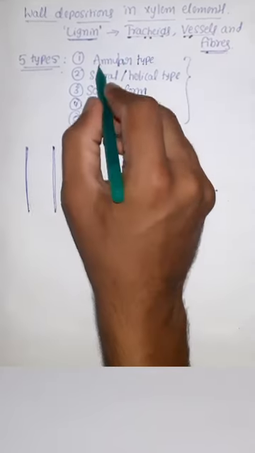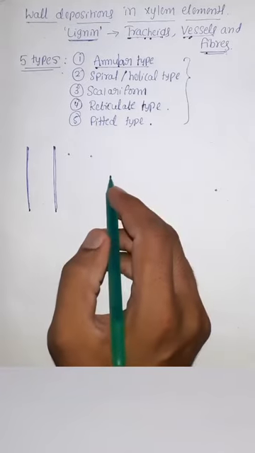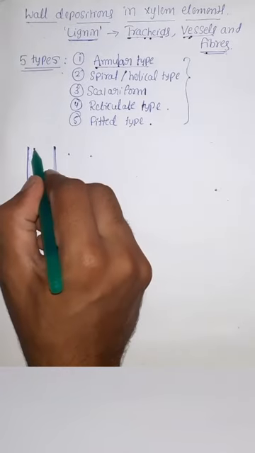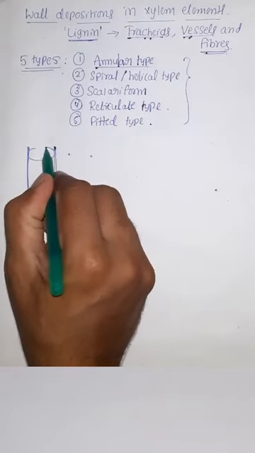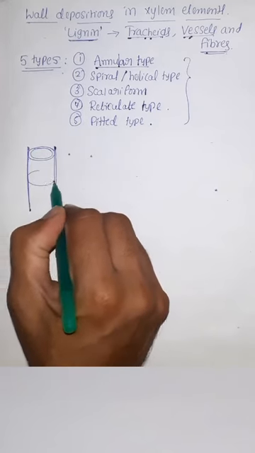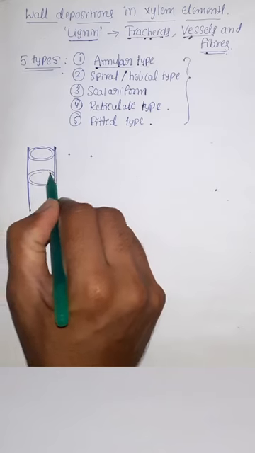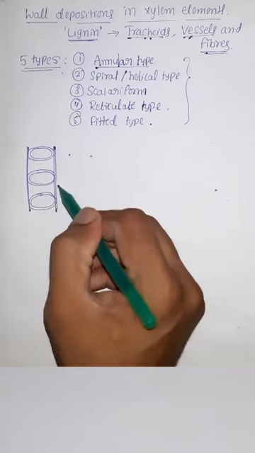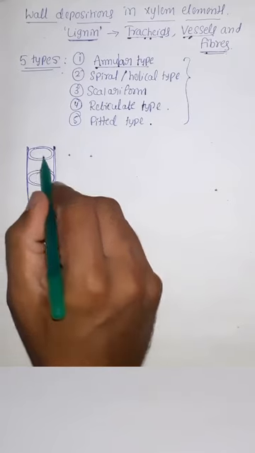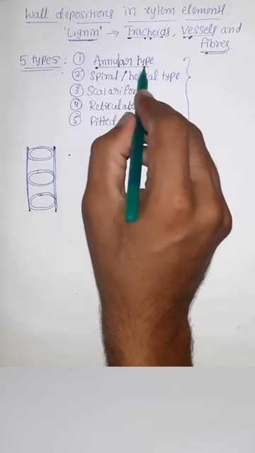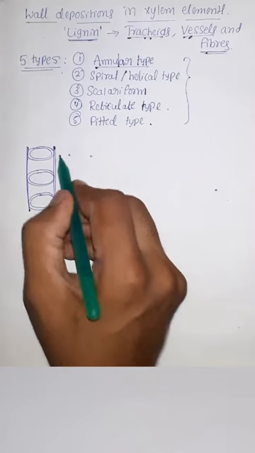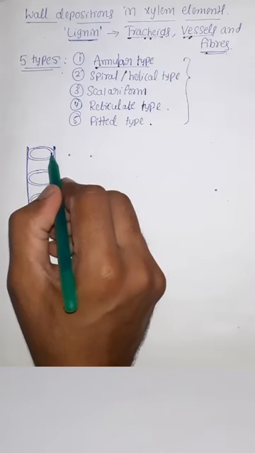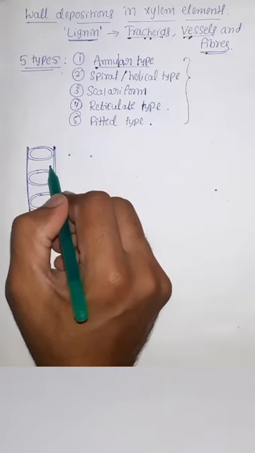In case of annular type of wall thickening, the lignin is depositing in a circular manner like this.